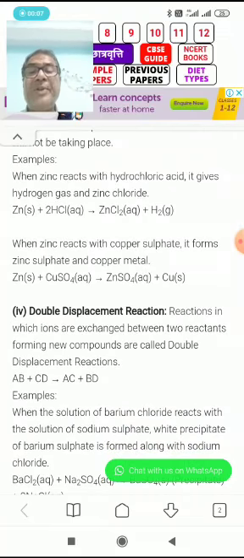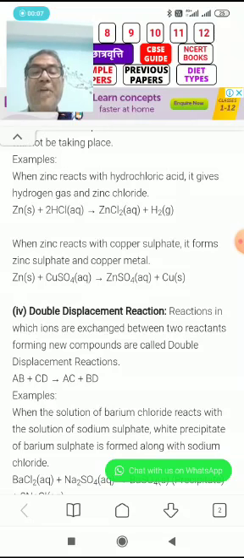Next one is your double displacement reaction. In double displacement reaction, exchange of species takes place between the two reactants to form new compounds. Here a general example, AB plus CD gives AC plus BD.